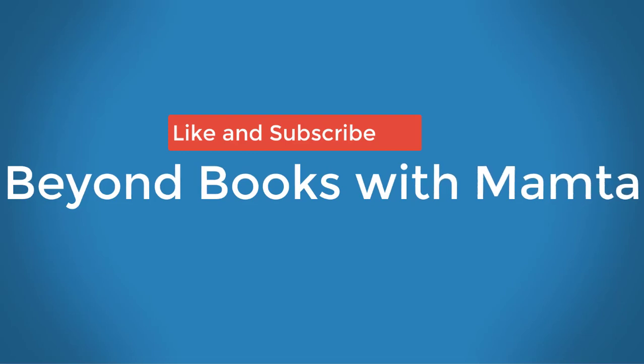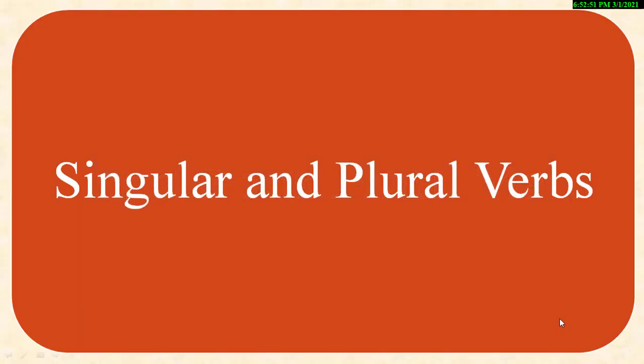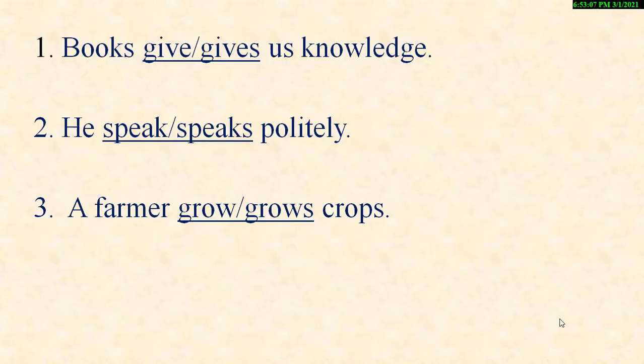Today we'll learn about the singular and the plural verbs. Why do we need to learn about the singular and the plural verbs? Many a times we get confused about what verb should be used with a particular subject. We really don't understand what we should say.